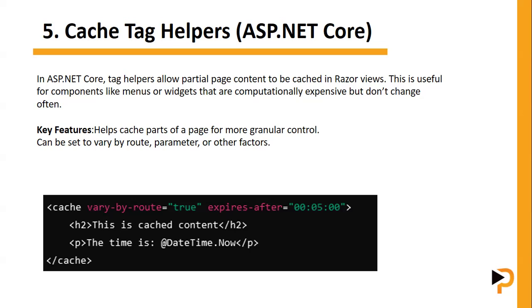These menus and widgets are computationally expensive, but those drop downs do not change frequently, right? In those cases, you can go ahead with the cache tag helper. Key features: it helps cache parts of a page for more granular control and can be set to vary by route, parameter, or other factors. So there's a cache tag, and there are some attributes like vary by route and expirations, when it will expire, and all these things.